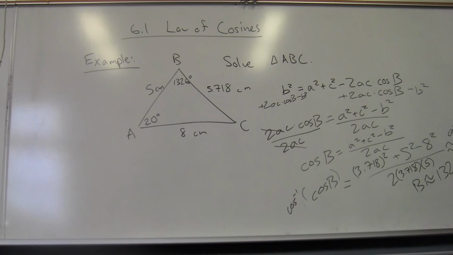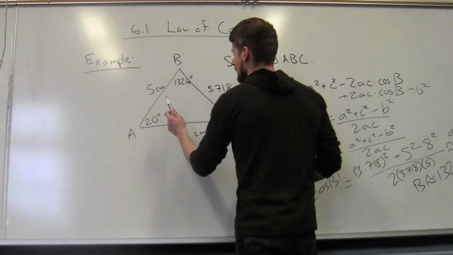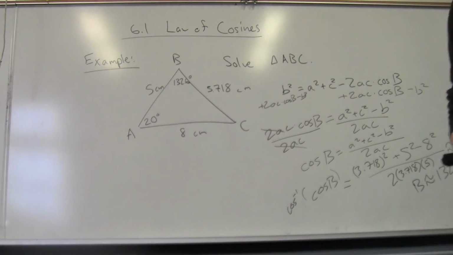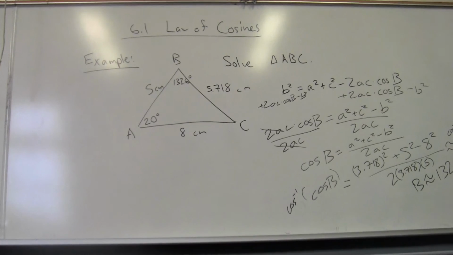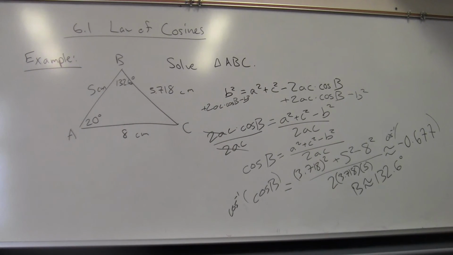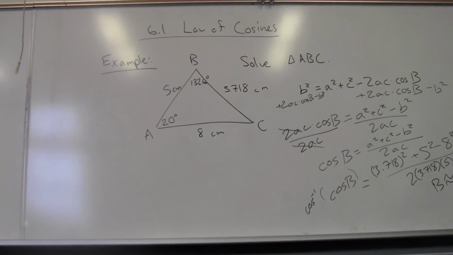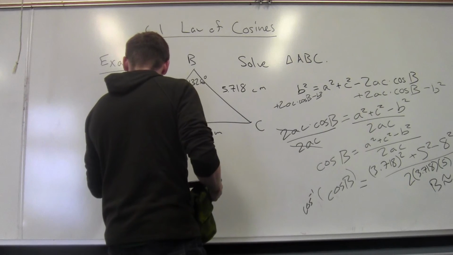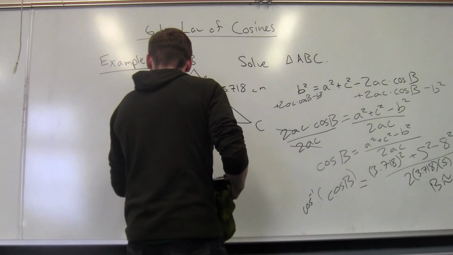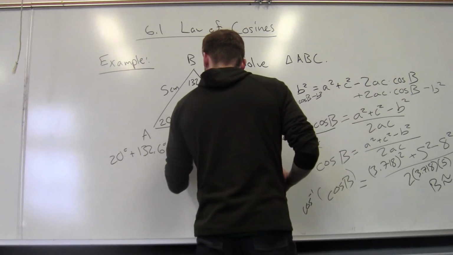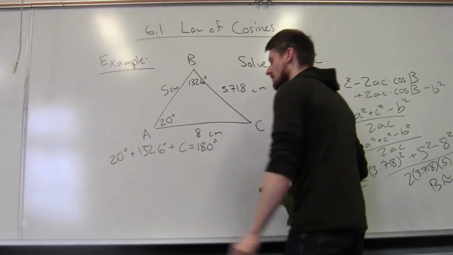So now that we know angle b, we're going to use the fact that a, b, and c all have to add up to 180 degrees. So let's use the fact that 20 plus 132.6 plus c equals 180 degrees to solve for c.